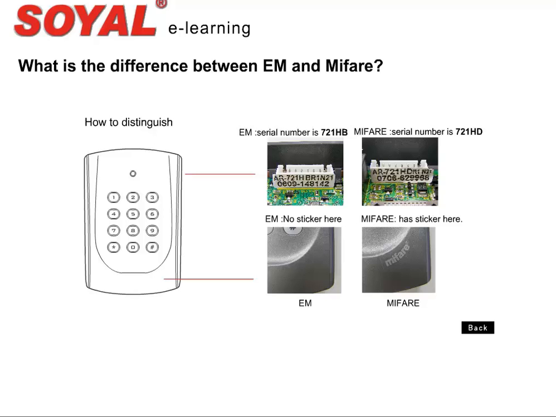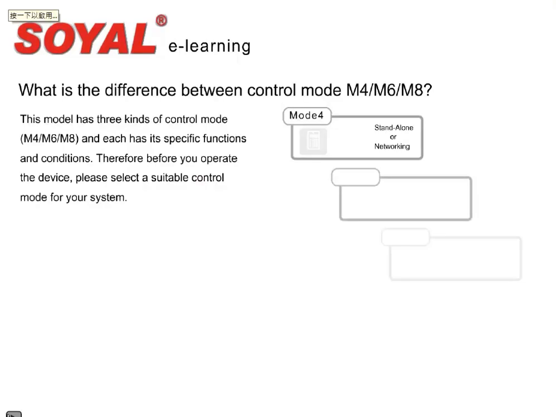And if the controller name on the sticker is 721HD, D means MyFair, and you will see the word MyFair, M-I-F-A-R-E, on the front cover of our AR721H controller.